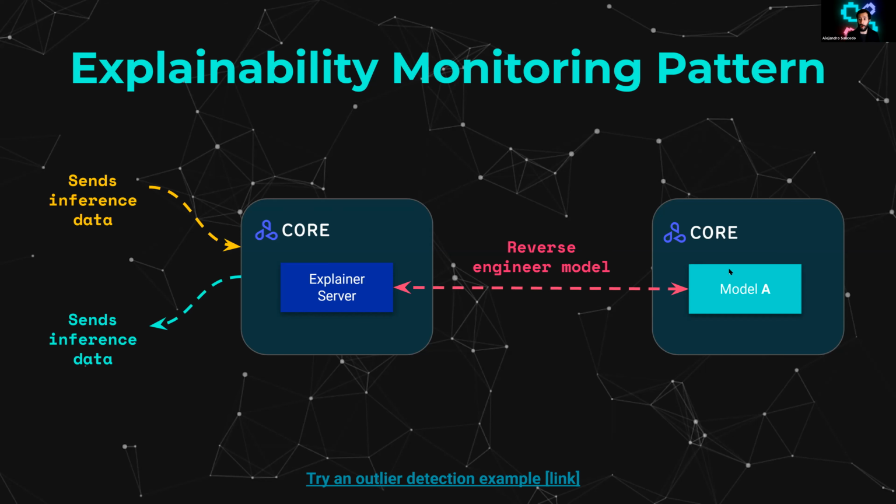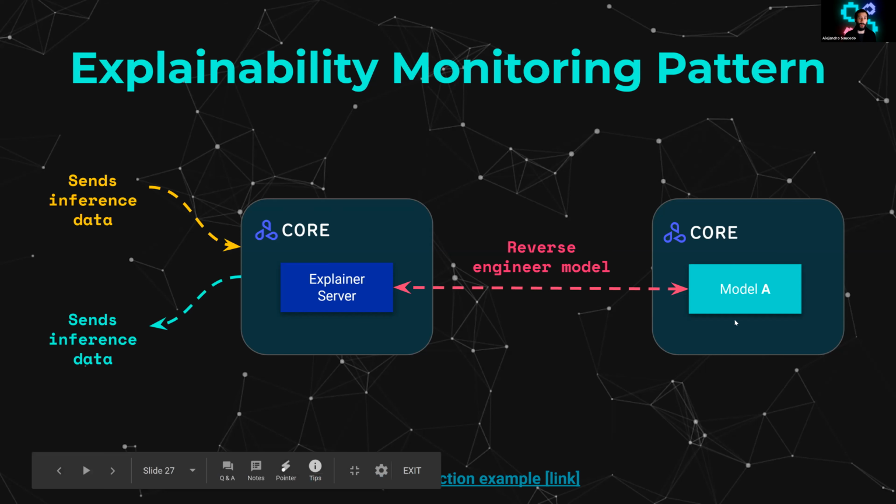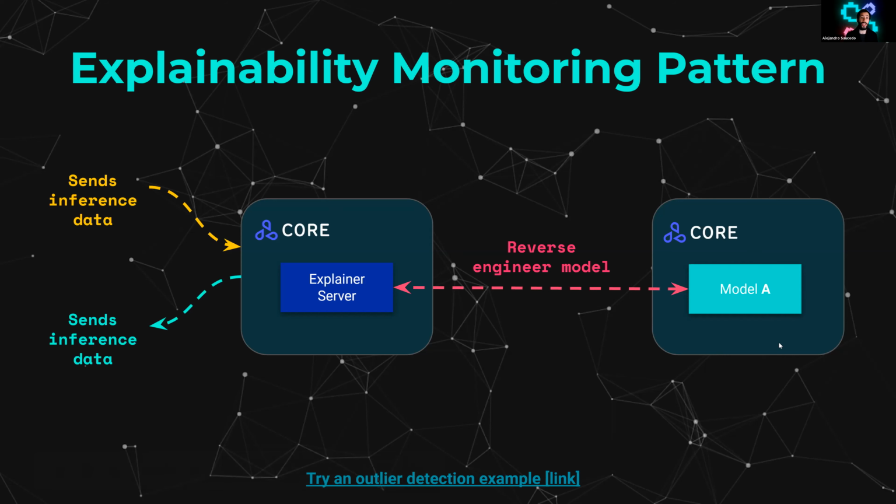The way that this would work is that, as we saw, we have a machine learning model that has a prediction endpoint. When it receives an input, it would respond with an inference sort of response.